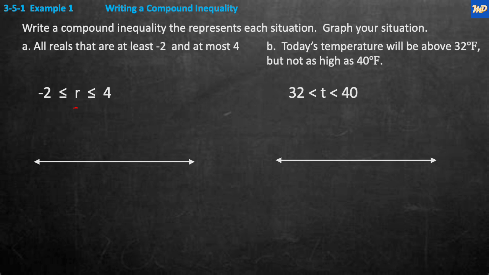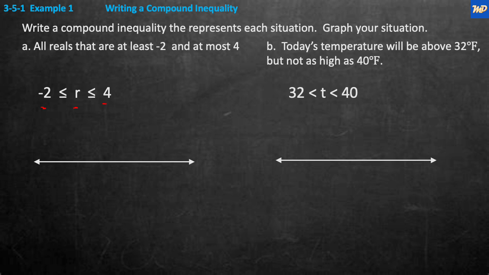And it says that our R value has to be at least negative 2 right here and at most 4. Okay, so that is negative 2 is less than or equal to R, and R is less than or equal to 4.